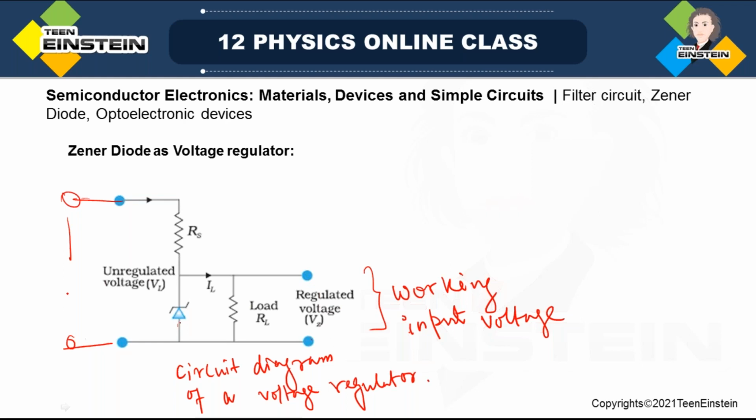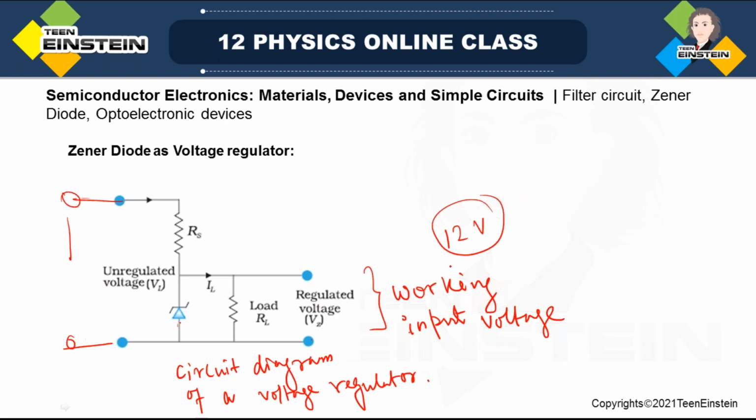According to that, you have to choose the Zener diode. If you need some 12 volt regulated voltage, then you should use a Zener diode which has breakdown near around 12 volt, at least 12 volt.